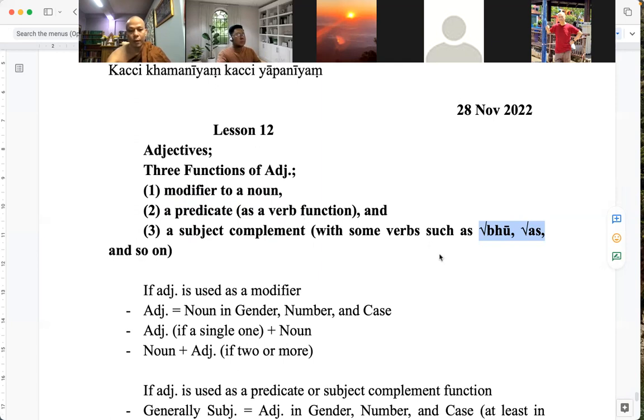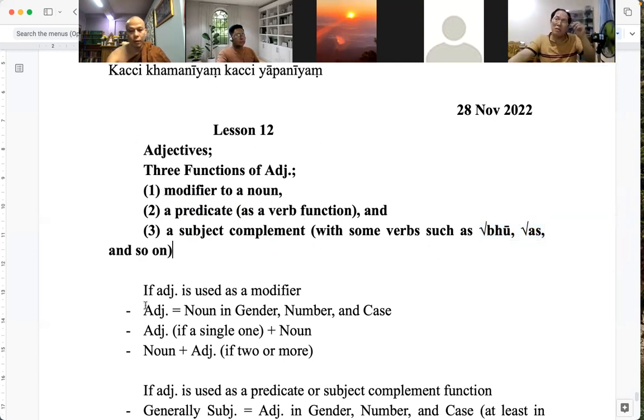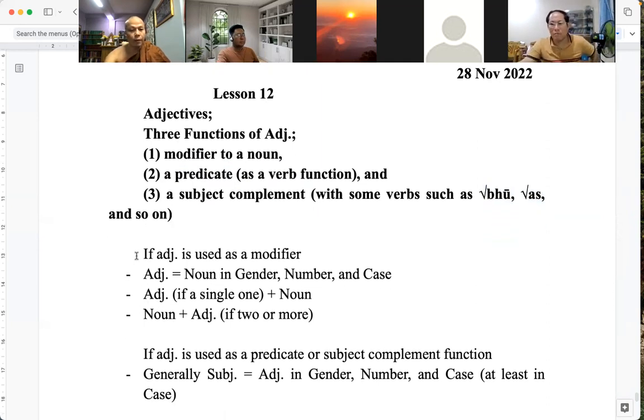So now let's see when the adjective is used as a modifier to modify another noun. At that time, the adjective and noun are the same in gender, in number, and in case. If the noun is a feminine noun, the adjective modifying that noun must also be feminine.